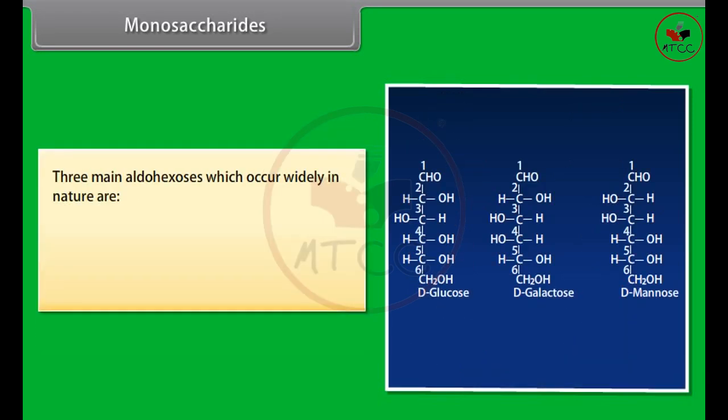Three main aldohexoses which occur widely in nature are D-glucose, D-galactose and D-mannose. The letter D before the name of monosaccharides represents the configuration as derived from glyceraldehyde.